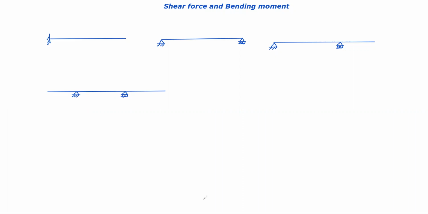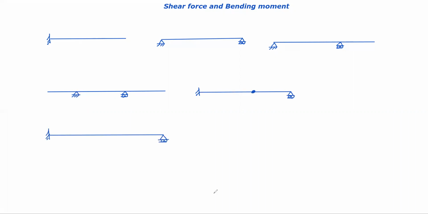Basically, these are determinate structures, right? Or the structure may be like this with an internal hinge. So these are determinate structures, or sometimes structures may be indeterminate, like propped cantilevers.